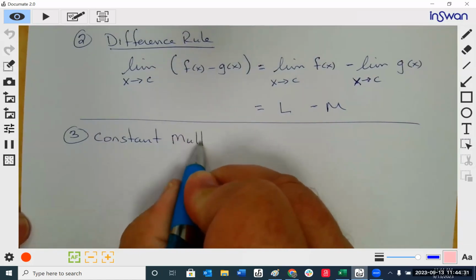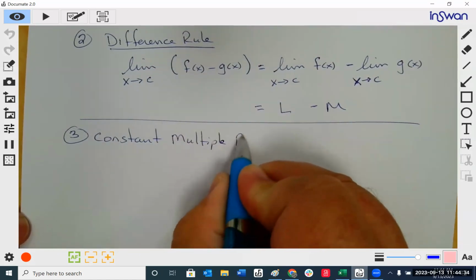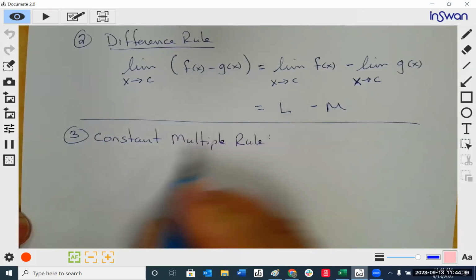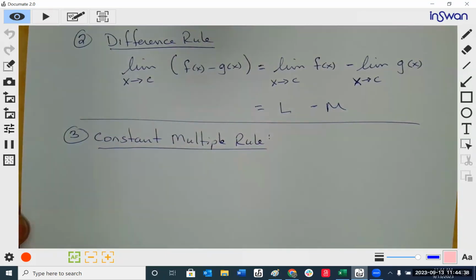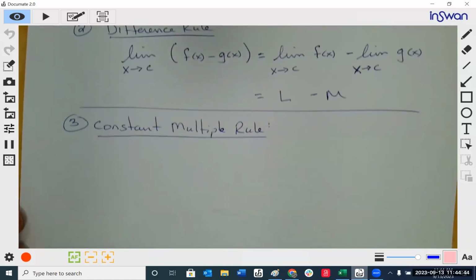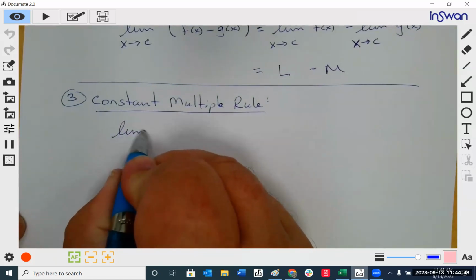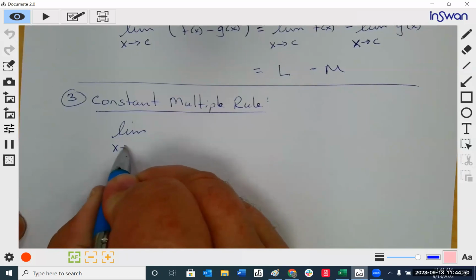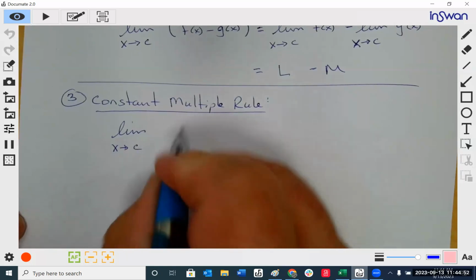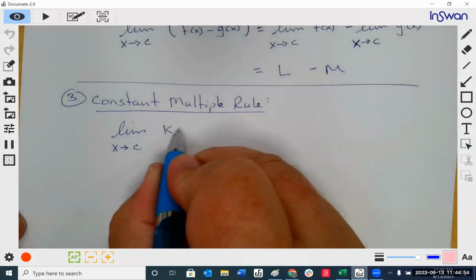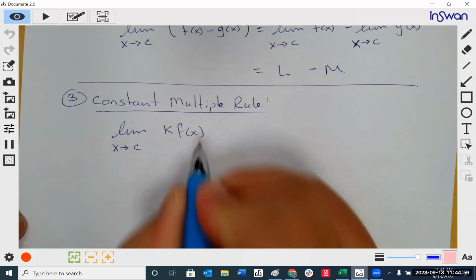The constant multiple rule. The limit as x approaches c of some constant times f of x.